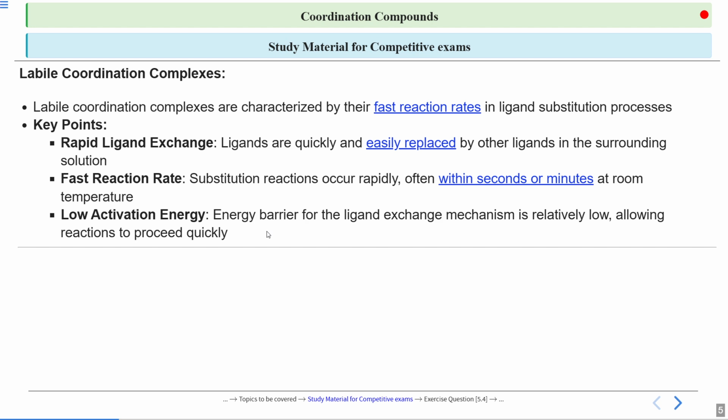Often the reaction is completed within seconds or minutes at room temperature, and due to this the activation energy will be lower. That means the energy barrier for ligand exchange is relatively low, allowing the reaction to proceed quicker, giving a faster reaction rate.